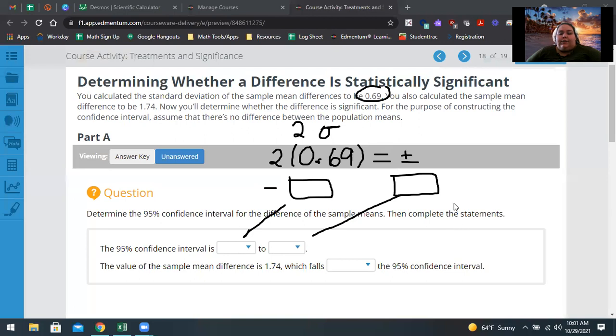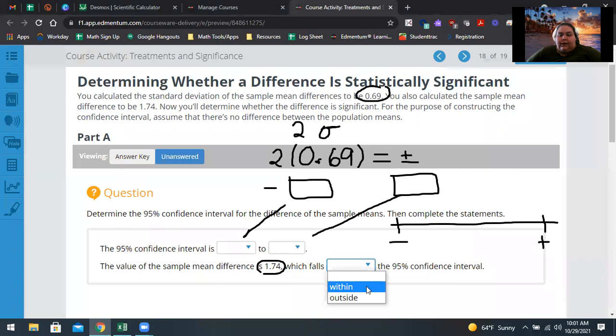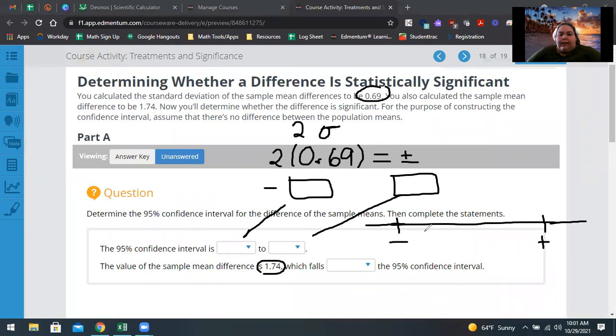Now you're going to ask yourself, if you were to have this on a number line, the negative, multiply that again using a calculator, and the positive is over here, right? The positive number. Is 1.74 between them, meaning it's within, or is it outside of it? 1.74 might be in the positive area, but if it's between those 2 numbers, this green area, it is considered within.